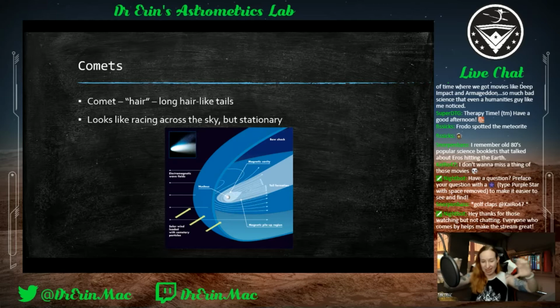Then, beyond the Kuiper belt, we have something called the Oort cloud. The Oort cloud is a spherical shell of material, so it completely surrounds us. It doesn't lie in this flat plane. It's much further out than the Kuiper belt, and it extends almost a full light year away from the sun, pretty much where the sun's gravitational influence stops.